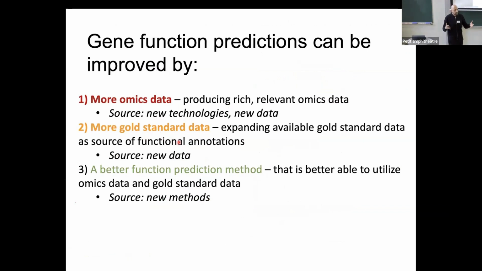The more we know what the genes are doing, the better we can make new predictions. And for the third ingredient, we could use more clever, more powerful gene function prediction methods to squeeze more information out of the omics data and the gold standard.